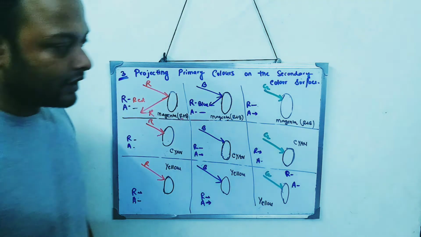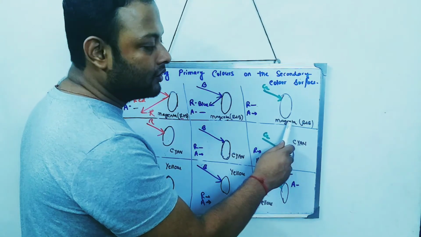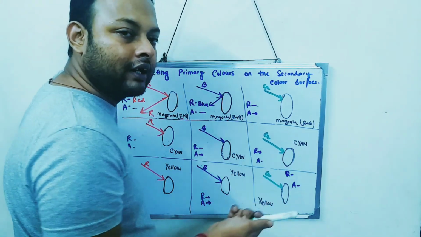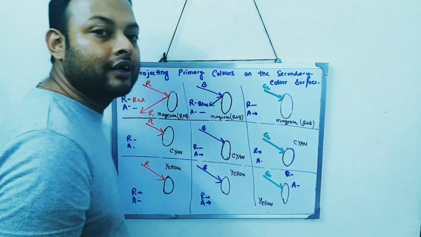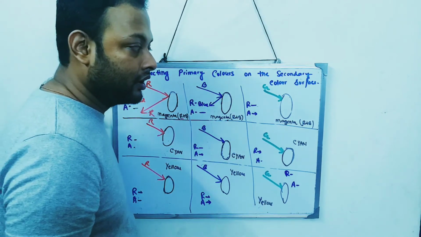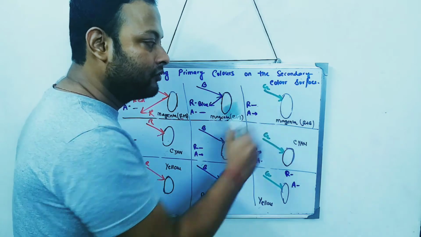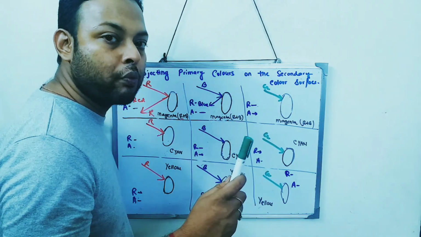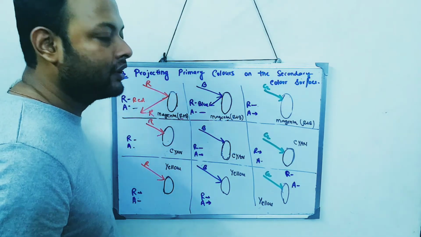Now over here, try to figure out. The surface is magenta, means red and blue. So it can reflect the red or the blue. But right now, what is coming? Green is coming. So if green comes, will this surface be able to reflect the green color? Answer is no. The surface won't be able to reflect the green color.